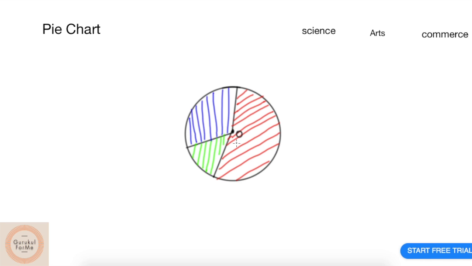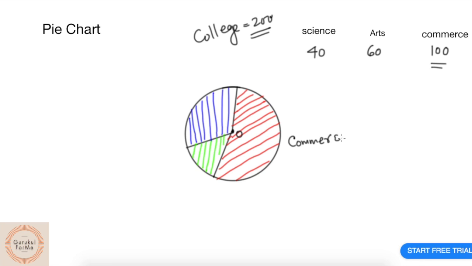Let us go back to the old example where we said in the college there are 200 students. There are 40 science students, there are 60 art students and there are 100 commerce students. In the pie chart form, how do we represent them? So the bigger part is commerce, which is 100. So this got to be commerce. So this comprises of 100 students. The representation in red happens to be 100 units.